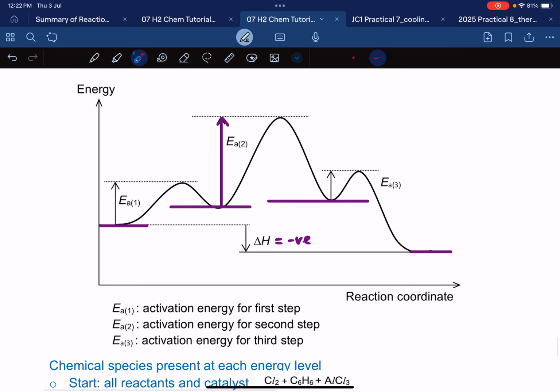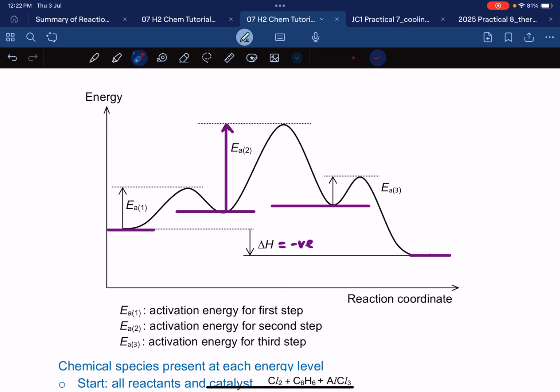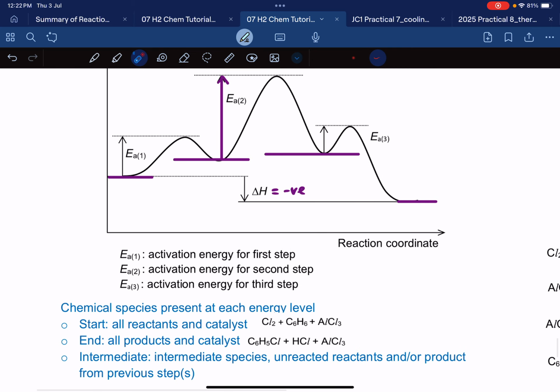Now, this is not the end. We need to put in the chemical species present at each energy level. So what do we need to include? At the start, it should be all the reactants and the catalyst. Take note, I need to put in the catalyst because the catalyst is involved in the reaction.